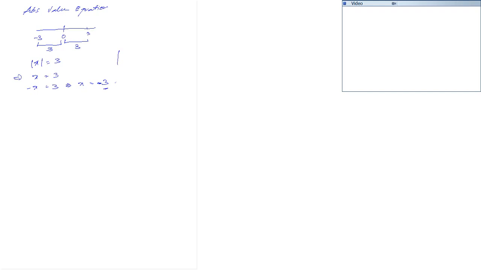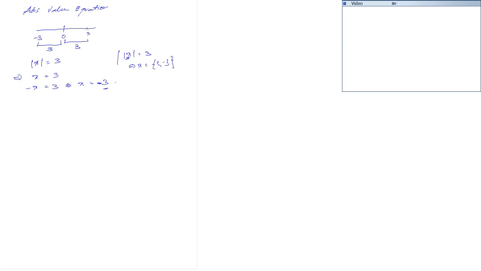So when I say mod of x is equal to 3, this implies x can be 3 or minus 3. Basically, the moment there is something inside the modulus, there are two values for that variable. That's what you need to remember. It can be a positive value, it can be a negative value. Based on this, there will be two data sufficiency questions. Let's take a look at this question.